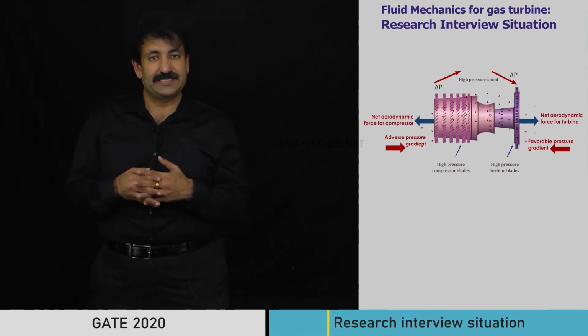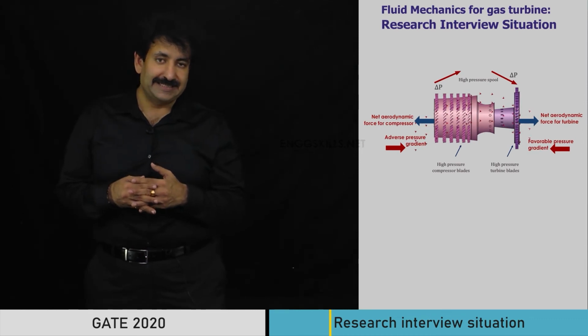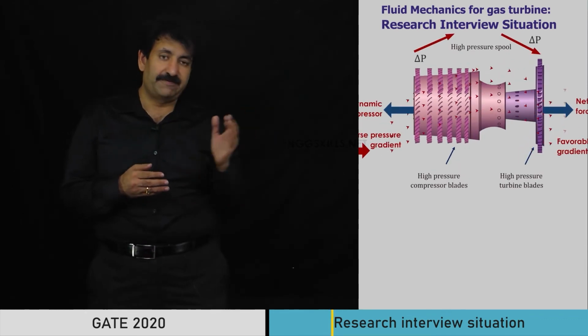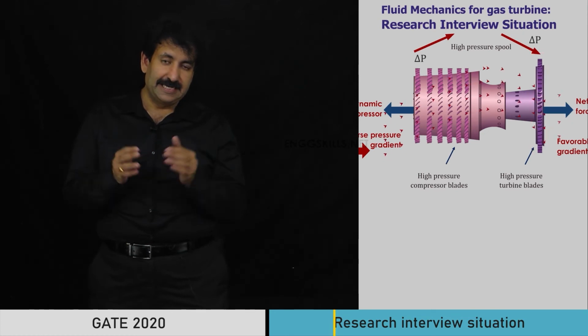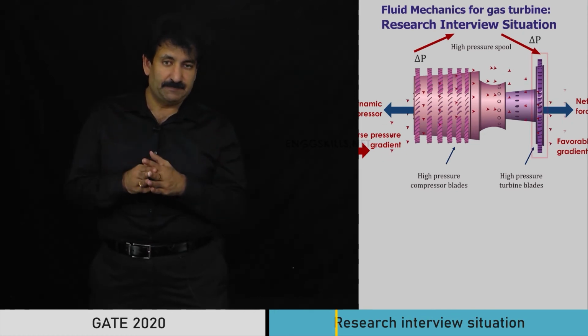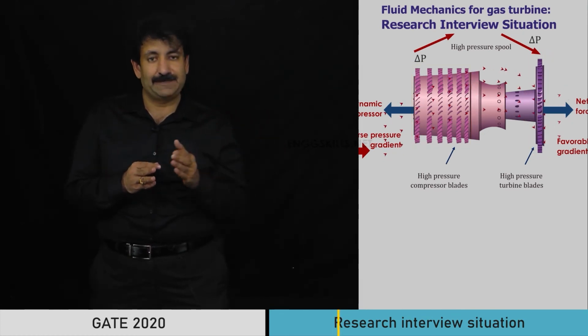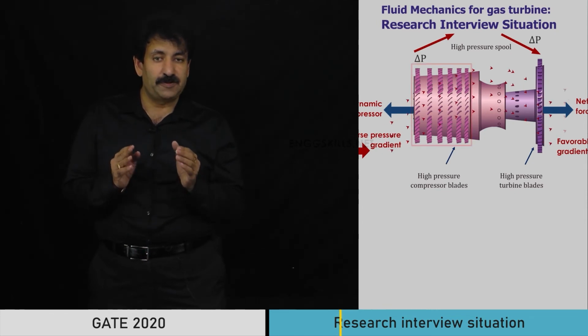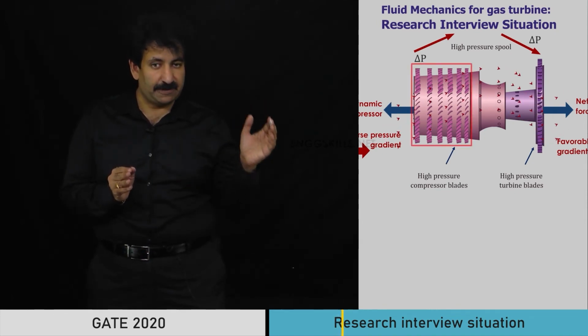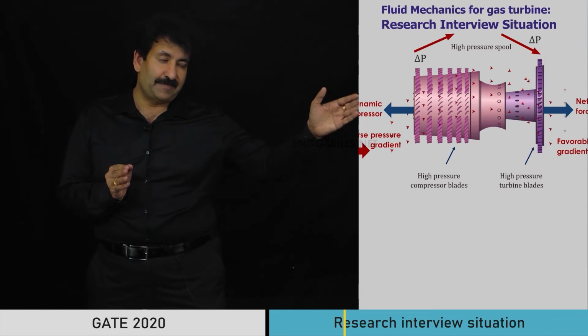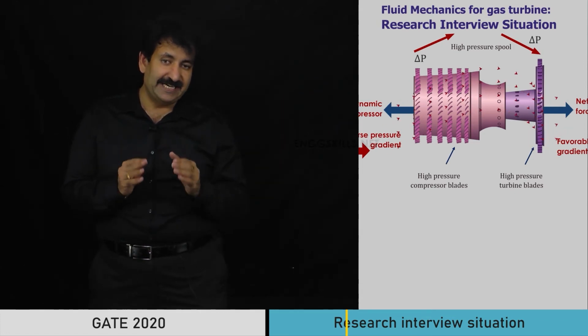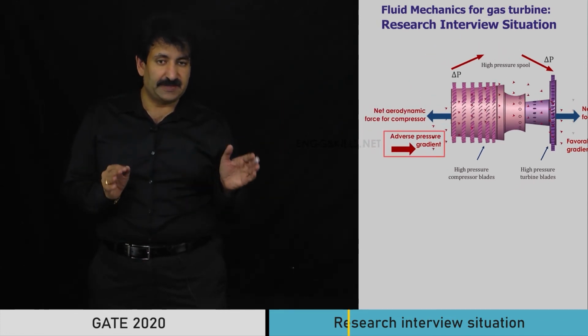What is the consequence of this? This actually means that per stage of turbine, you can generate a significant amount of power, and per stage of compressor, the power that could be absorbed, because the compressor is a power absorber and the turbine is a power generator, is very limited because of adverse pressure gradient.